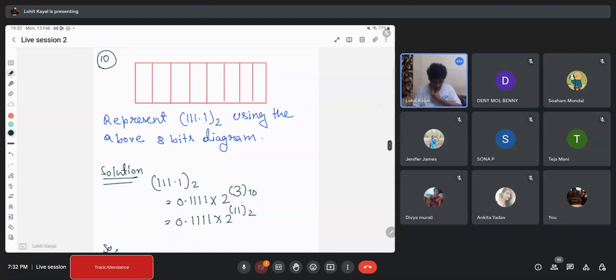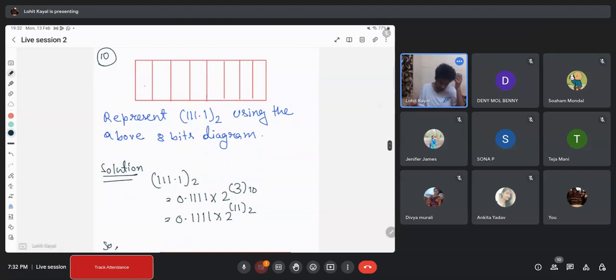Okay. So now the floating point arithmetic. Here there is an 8-bit number, and you have to represent 111.2 using this diagram.